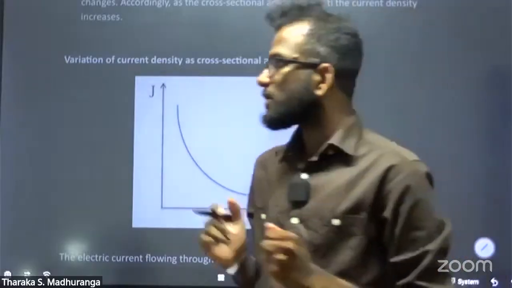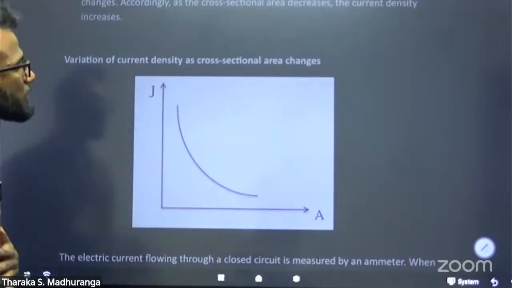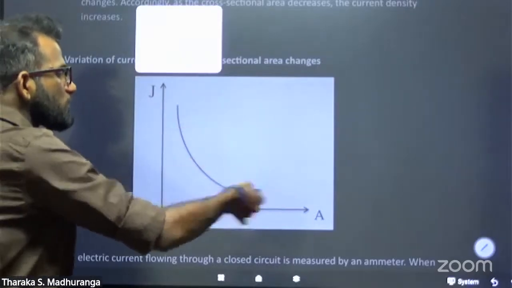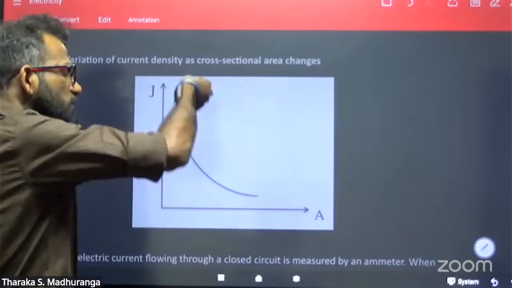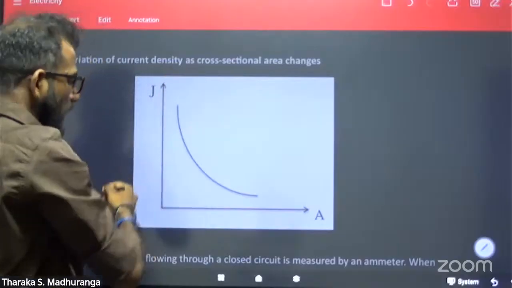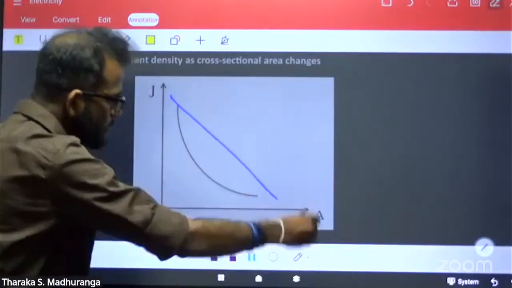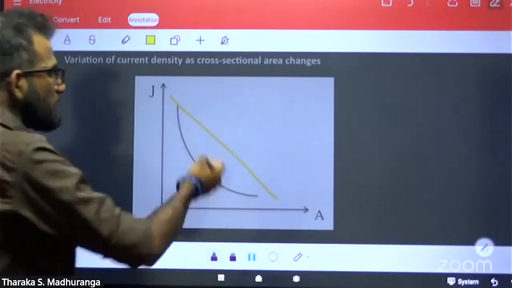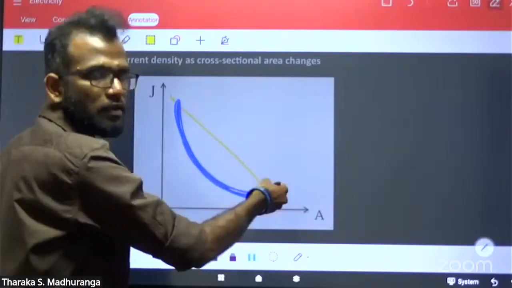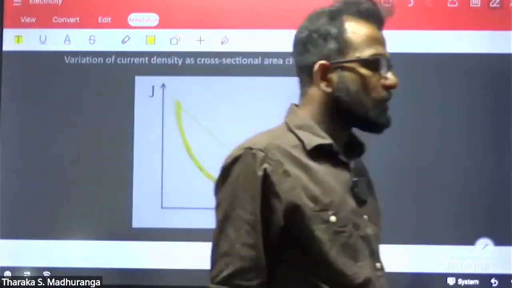Here is the variation of current density as cross sectional area changes. When we increase the cross section area, the current density decreases. If it is inversely proportional, it does not decrease in a straight line. It decreases in a curve, in this shape.